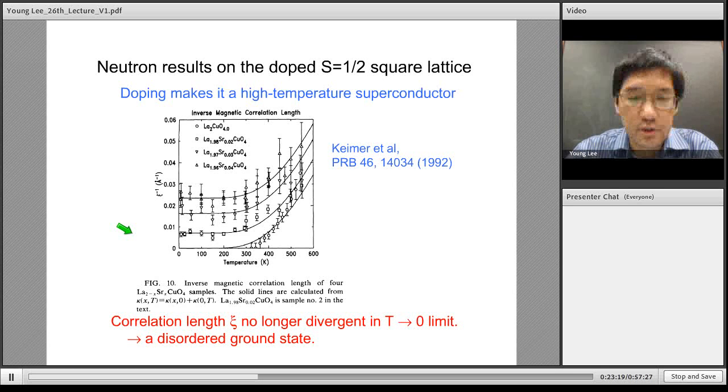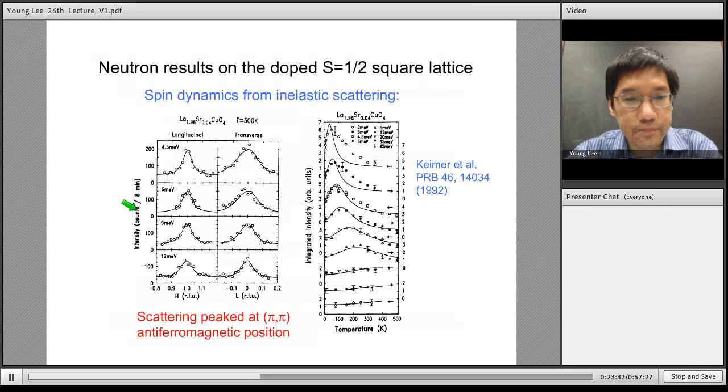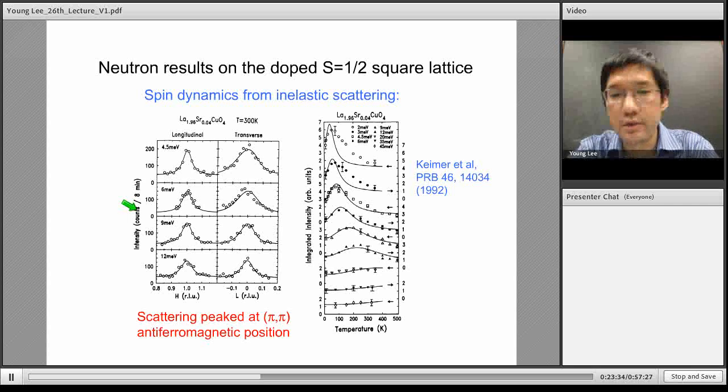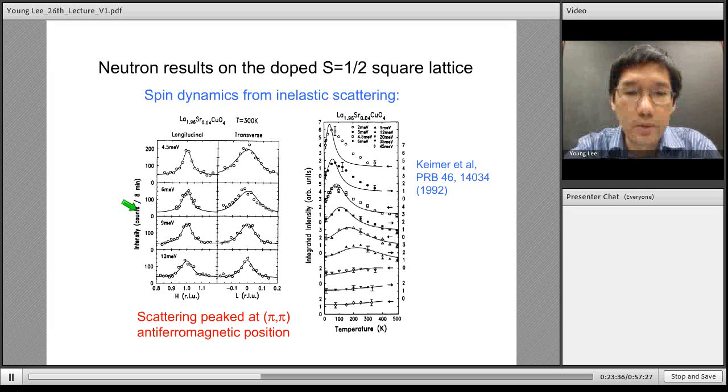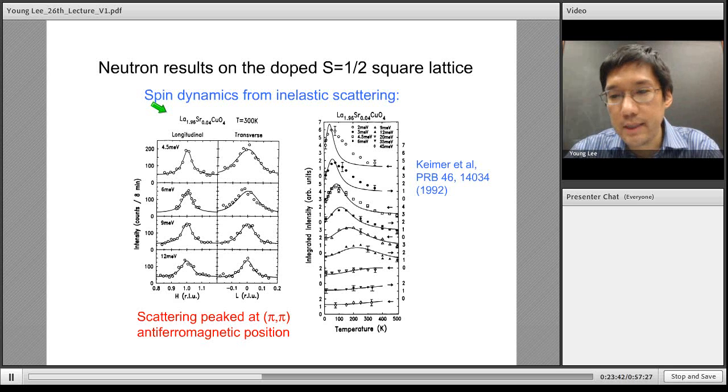So again, the measurements that I'm showing on this slide were done in 2-axis mode to get S of Q with energy integration. You can then do inelastic measurements, and I'll show you those next, to get information on the spin dynamics. This is in one of the same materials that were shown on the previous slide, with 4% strontium doping, so again in the spin glass regime.